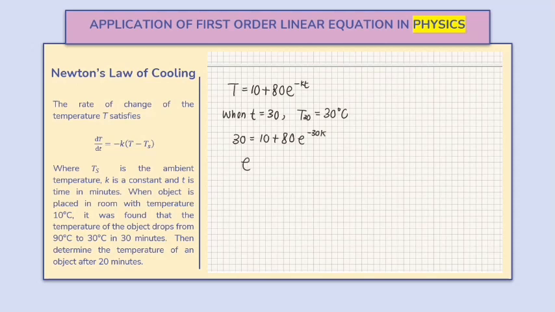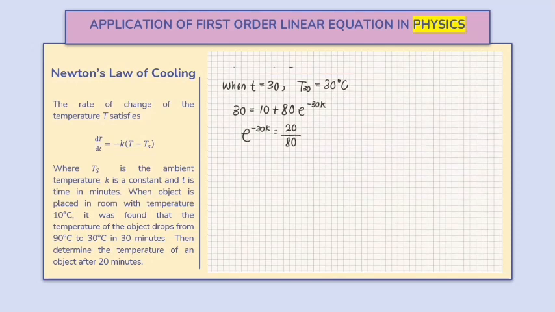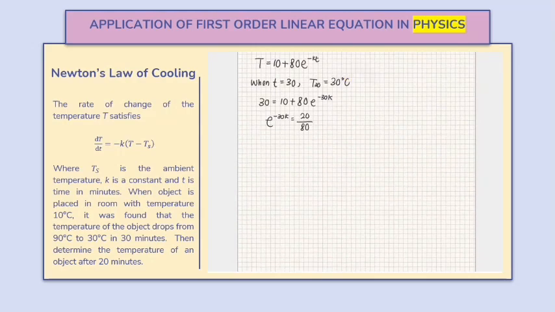So e to the power of negative 30k equals 20 over 80. So k equals negative 1 over 30 ln 1 over 4. So we will get the answer 0.04621.